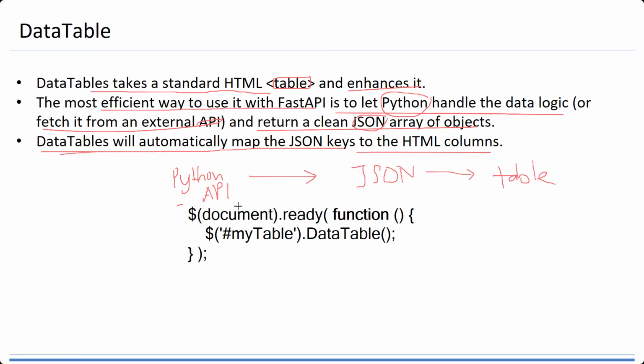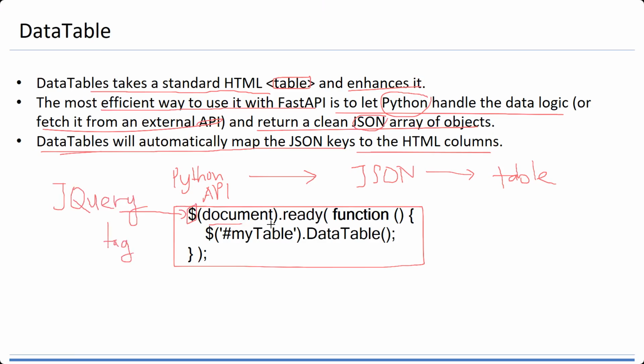So this is an example of how you can get the table. If you still remember, last week we learned about jQuery. Okay, you still remember jQuery? With jQuery, you can use this tag, and then I'm going to call the document, which means the HTML section.